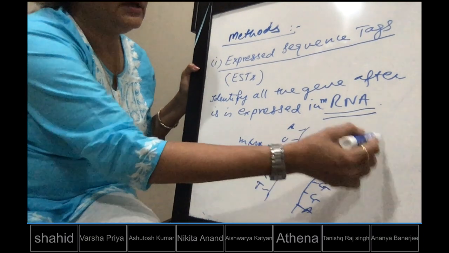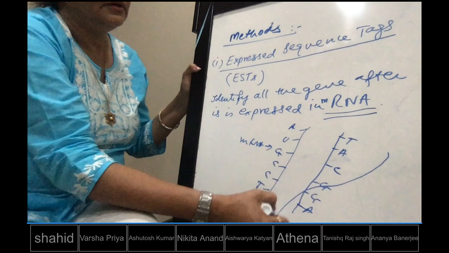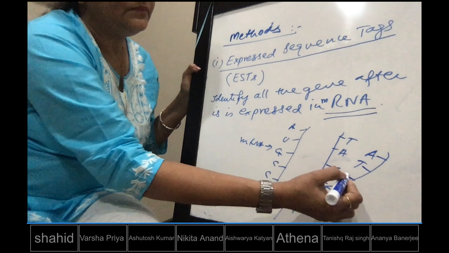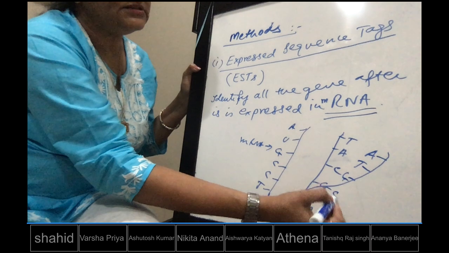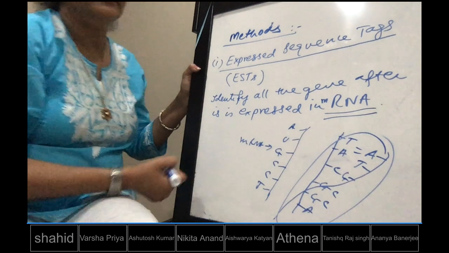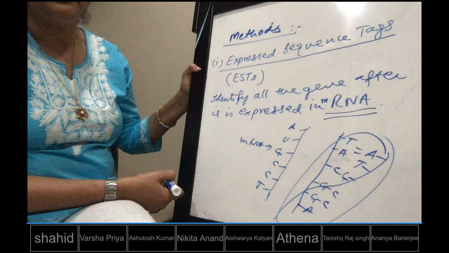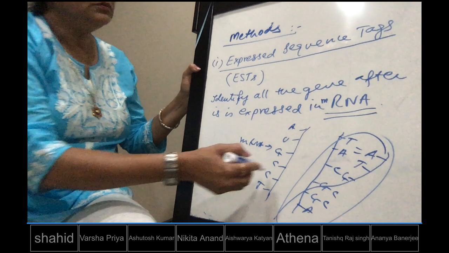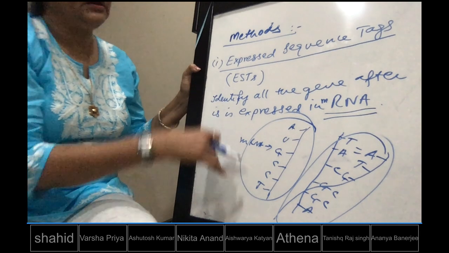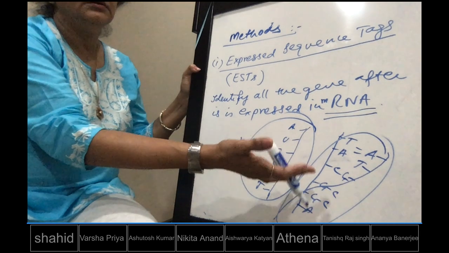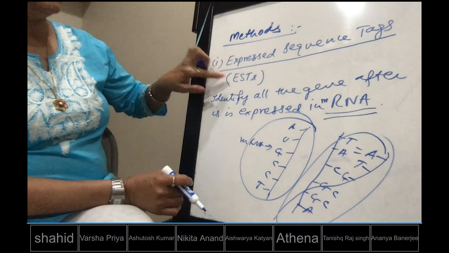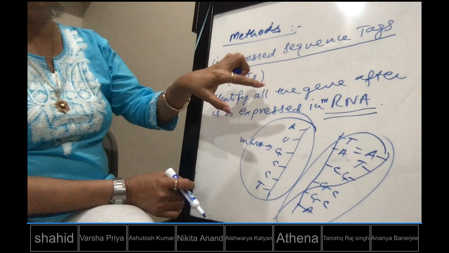Now we can make out the other strand of DNA. The other strand of DNA is A, T, G, C, C, like this. So this is the DNA, the gene which has been identified. So studying the expressed mRNA, we can identify the gene or the DNA. This is called expressed sequence tag.